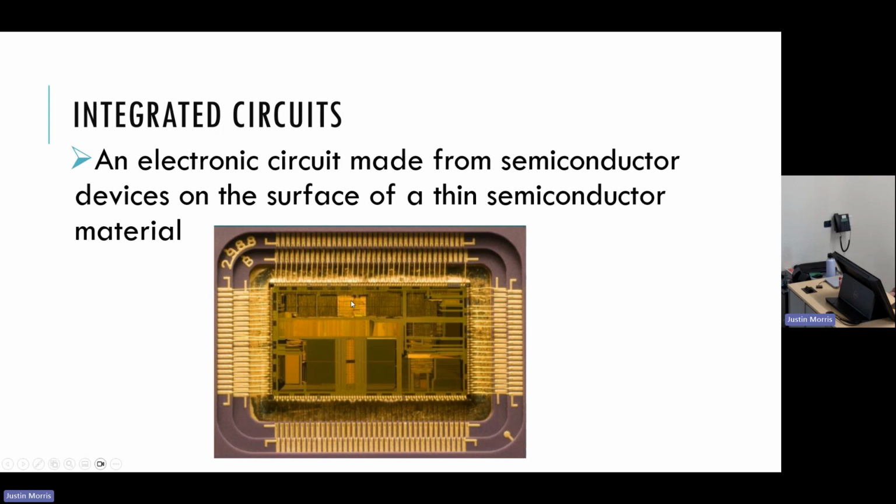So this is before that was applied, so you can really see the different components of the integrated circuits. But this goes back to the key skills that we need to learn as computer engineers.